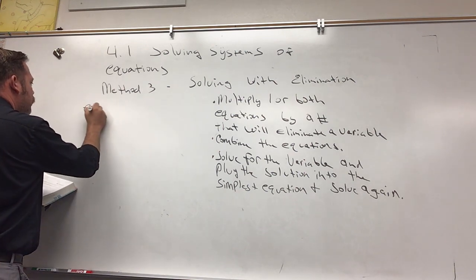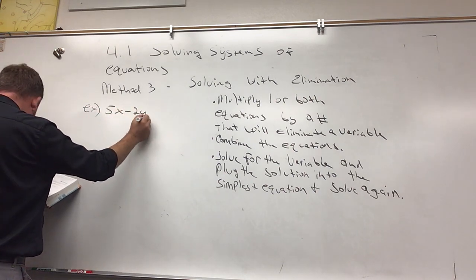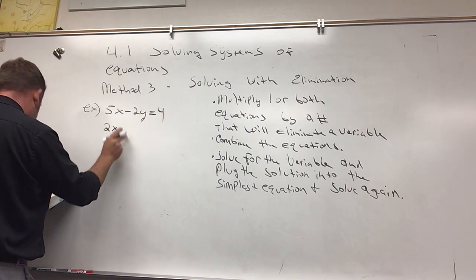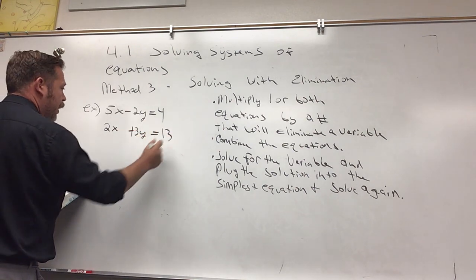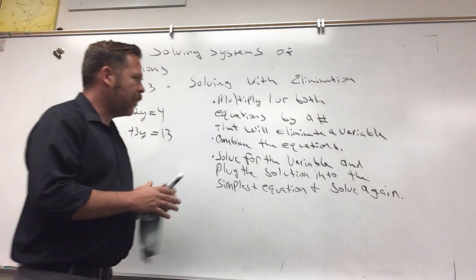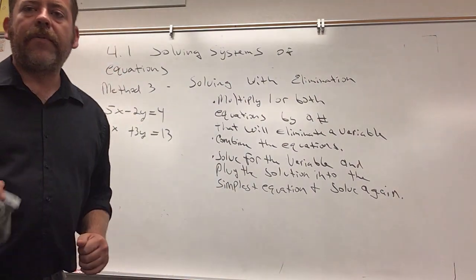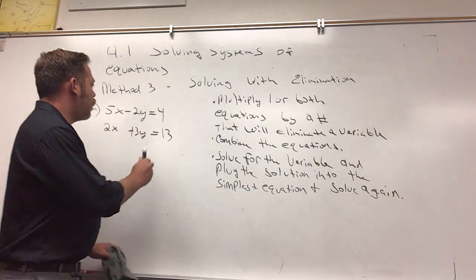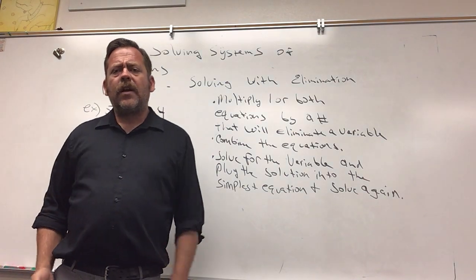Let's do 5x minus 2y equals 4, 2x plus 3y equals 13. I'm just kidding. It is called the combination method, but it's not because people were overly sensitive. Most people call it the elimination method. However, I'll tell you about when I was a kid growing up. We always liked to avoid violence if we could.